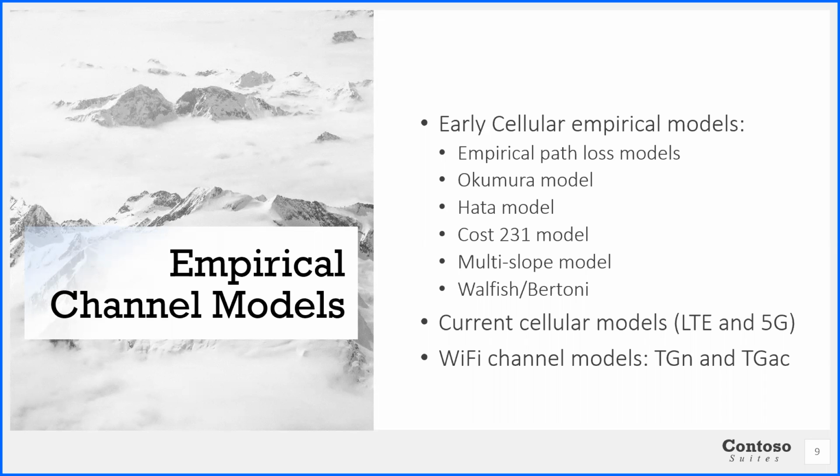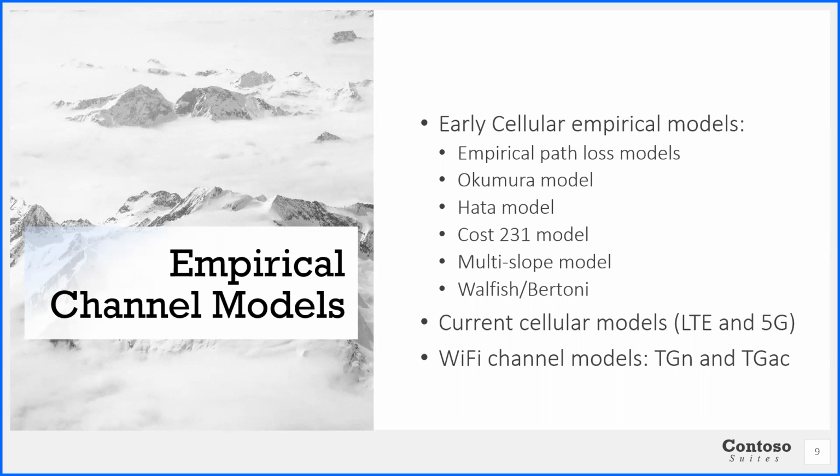The early cellular empirical models are based on extensive measurement, and the examples include the empirical path loss models: the Okumura model, the Hata model, the COST231 model, multi-slope model, the Walfisch-Bertoni model, and many more, which I will not include here.